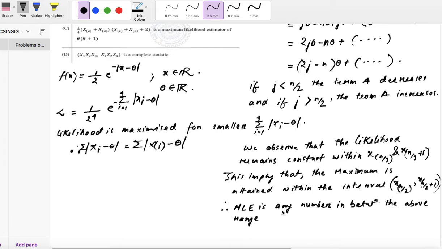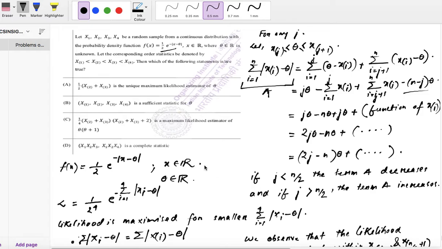Done. So what we can infer is that there is no unique MLE in this case, but in option A it is given that x2 plus x3 by 2 is the unique maximum likelihood estimator of theta. So this automatically gets cancelled out.